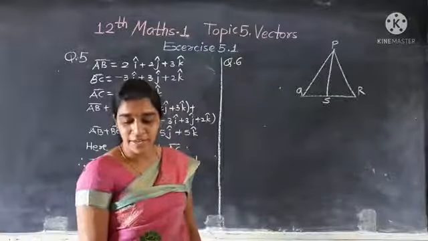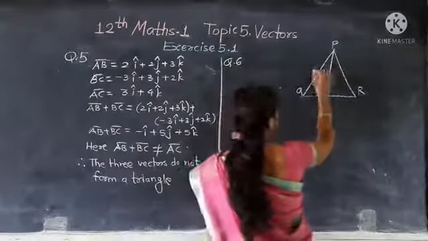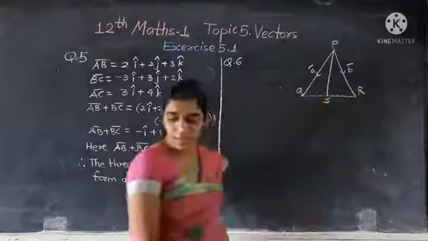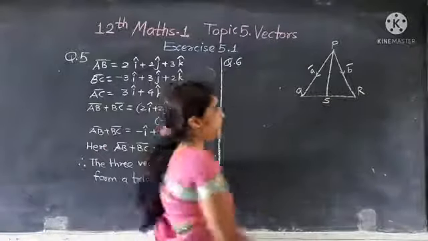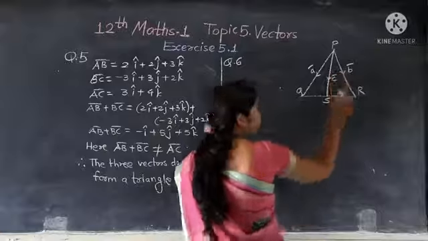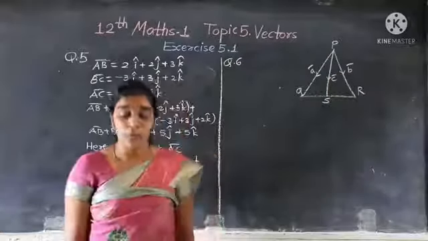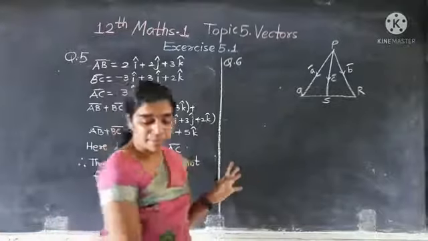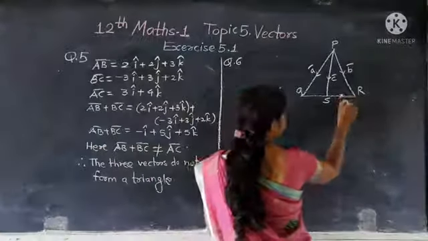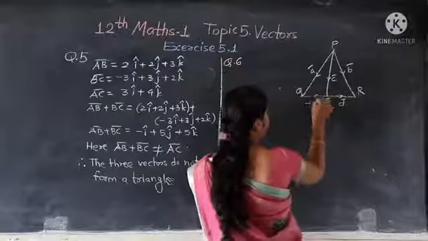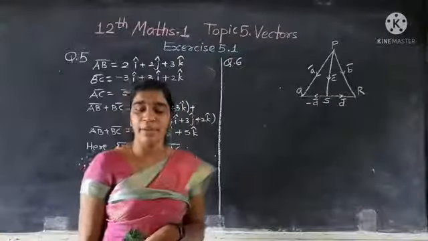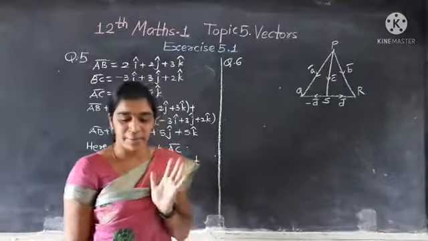PQ bar is given as A bar, this is given as B bar, and PS bar is given as C bar. Then what we have to prove? Express C bar and D bar in terms of A bar and B bar. This is given D bar and this, in the opposite direction, is given minus B bar. We have to express A bar and B bar in terms of C bar and D bar.